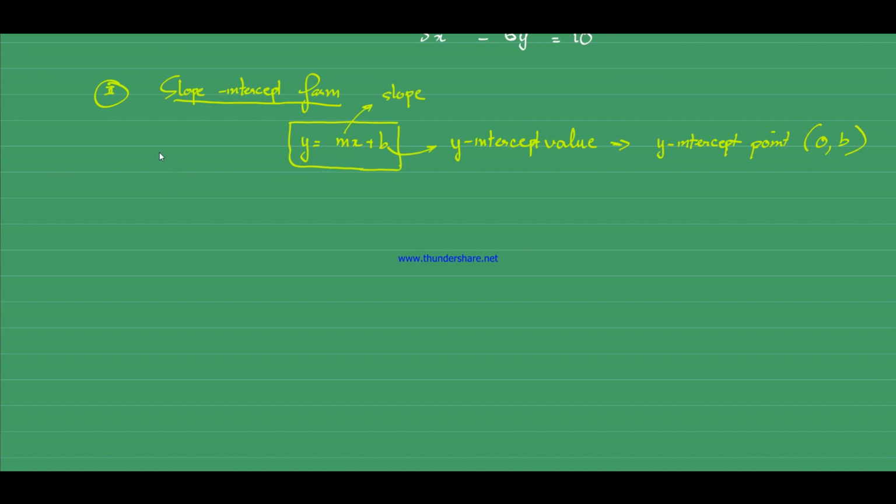The slope tells you how slanted the line is, or how steep the line is.